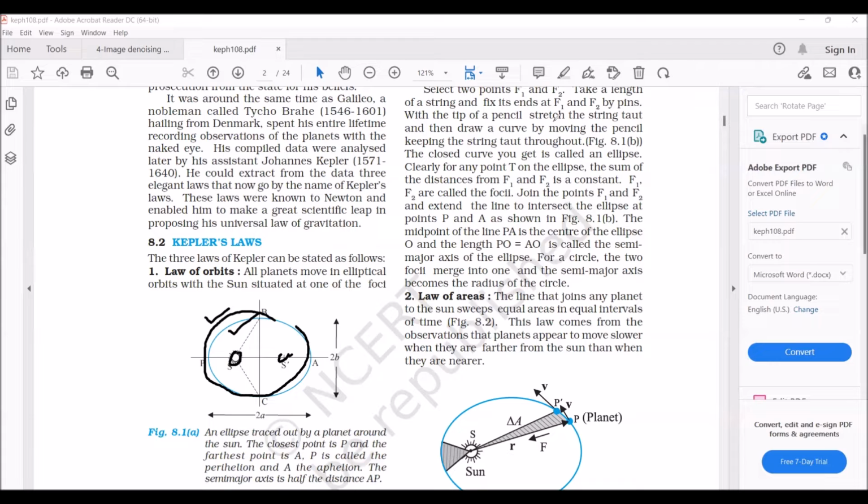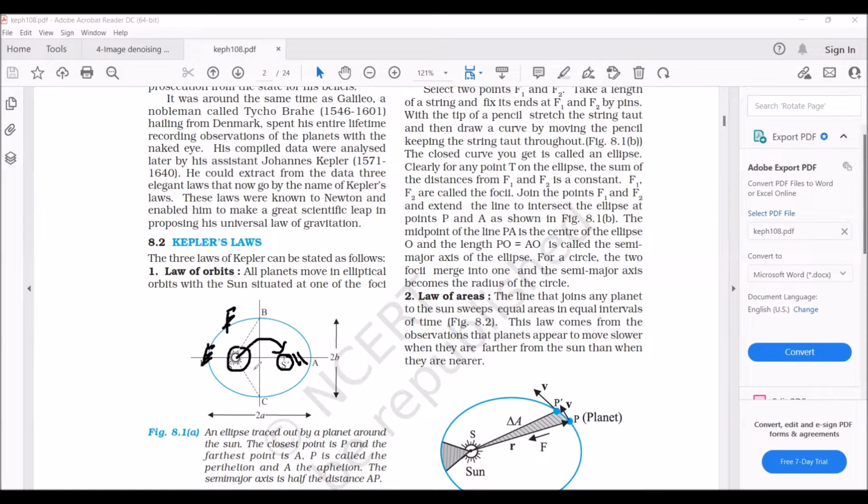For example, if Earth is the planet that is revolving around the Sun, if the Earth is near to the Sun, if the Sun is at this focus, then we experience the summer season. If the Sun is far away, if the Sun is located at this second focus, then we experience the winter season.